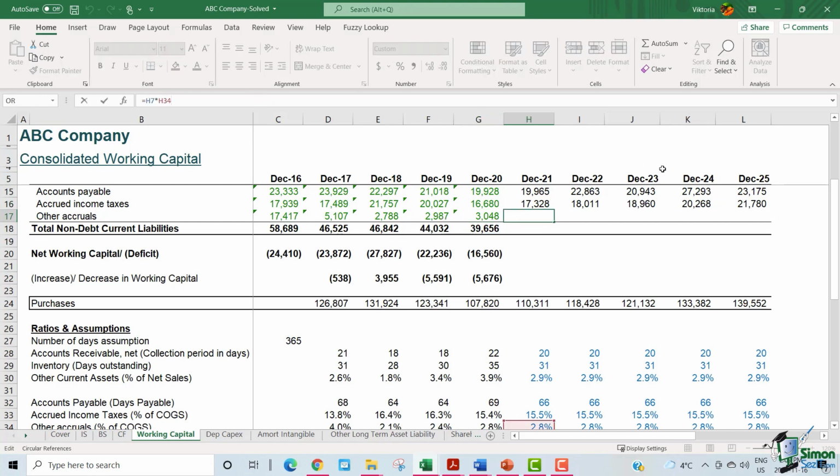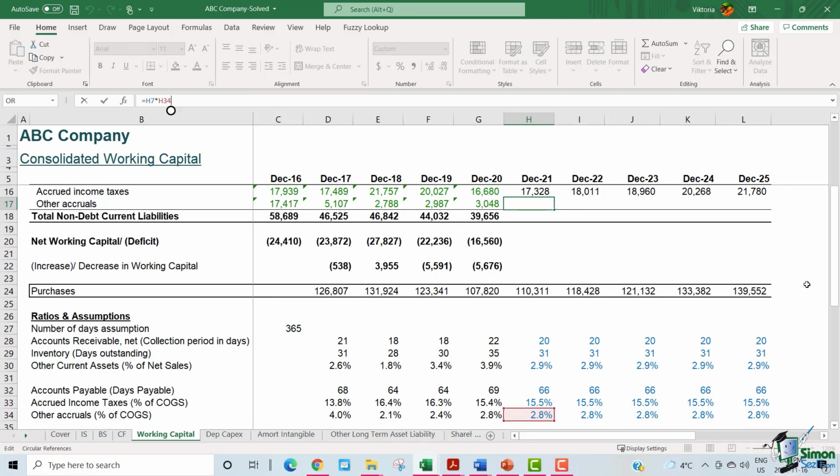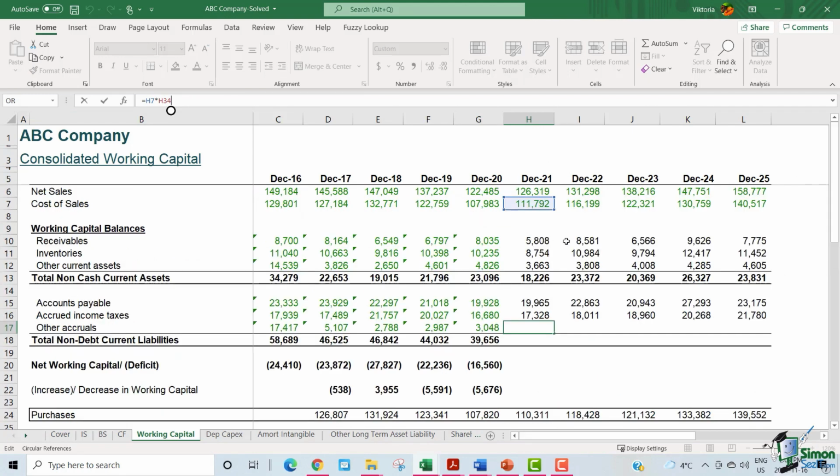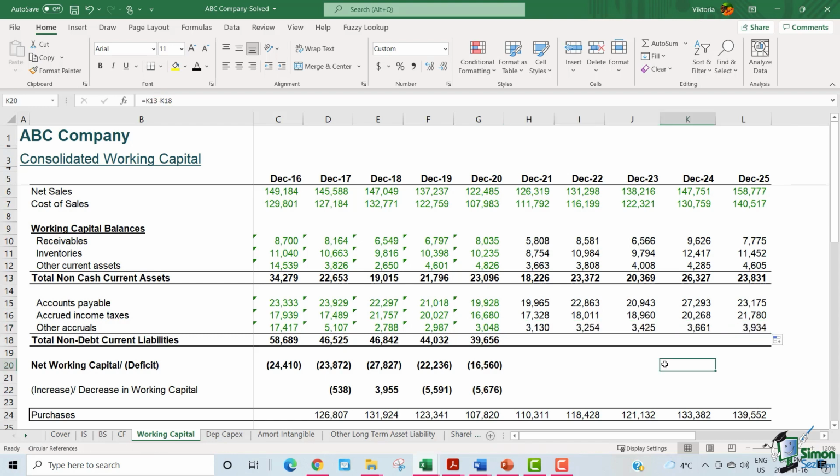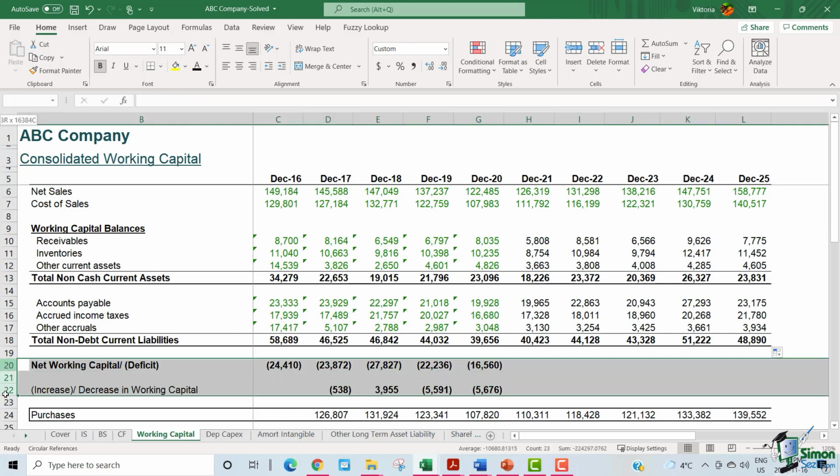So the formula is the percentage that we calculated times the cost of sales for the year. Let's add the non-debt current liabilities. Now we have forecasted the non-cash current assets and the non-debt current liabilities. We can fill in the net working capital and the increase decrease in working capital lines as well.